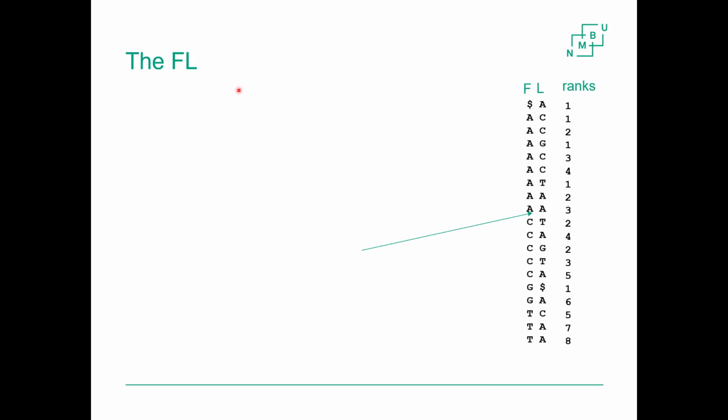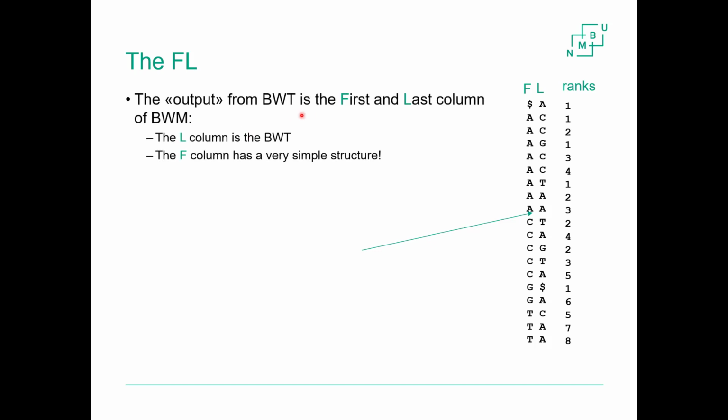So this is what we call the FL, first and last column of this Burrows-Wheeler matrix. We will explain this arrow. The output from the Burrows-Wheeler transformation is the first and last column of this Burrows-Wheeler matrix, you could say. The L column, that's actually the Burrows-Wheeler transform, right?